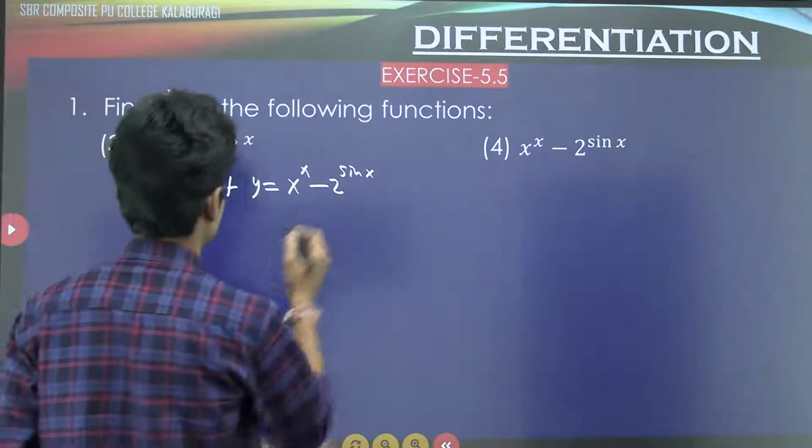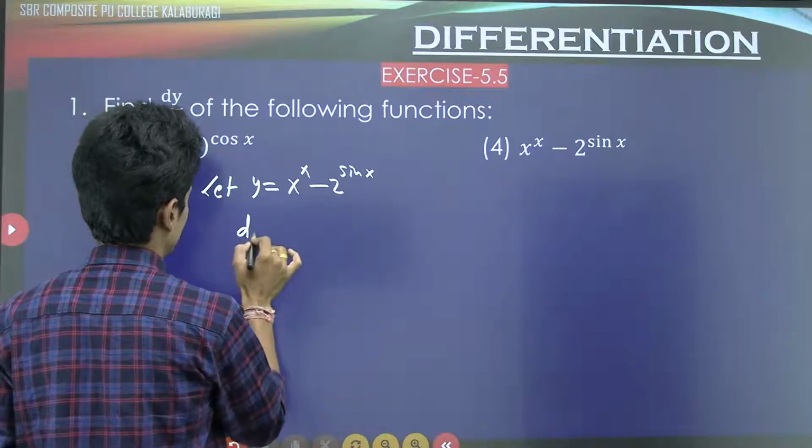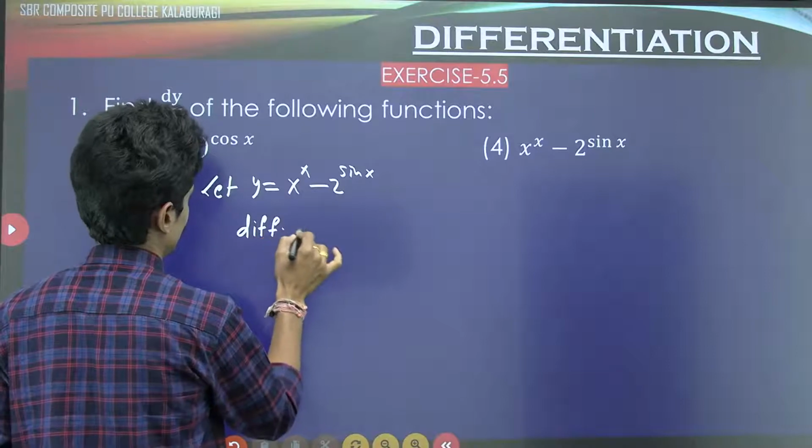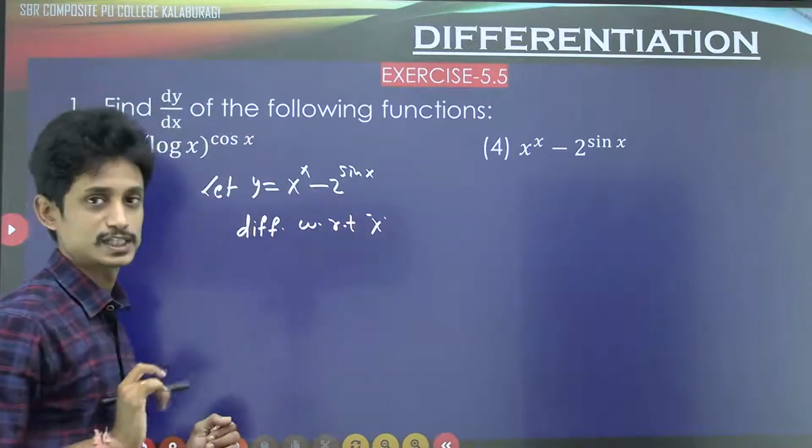Okay. Now, first I'll solve by a shortcut way, that is by applying the formula, differentiating with respect to x, because we need dy by dx. Clear?